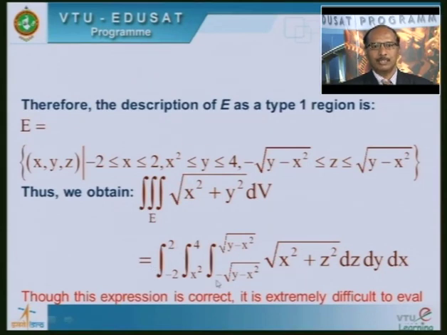The z limits are taken from minus square root of y minus x square to plus square root of y minus x square, the y limits are from the parabola x square to the line, and the x limits are -2 to +2. So we integrate with respect to z first, then y, then x. This is the type 1 region we expressed. One can also write dy dx as dx dy, changing the limits of x and y.